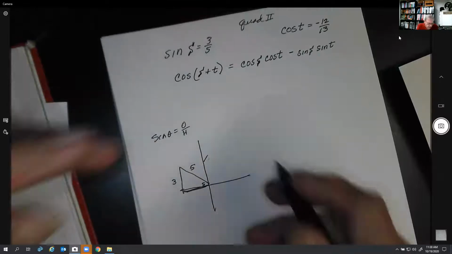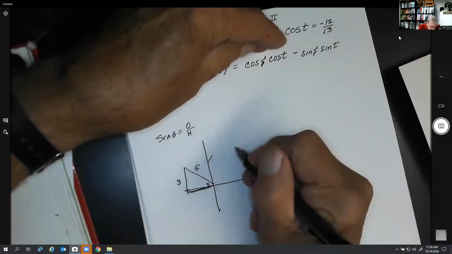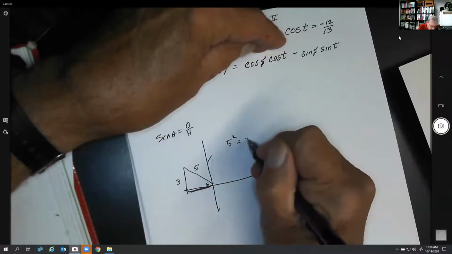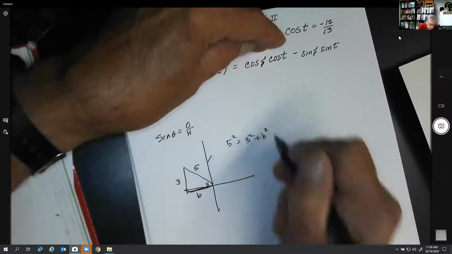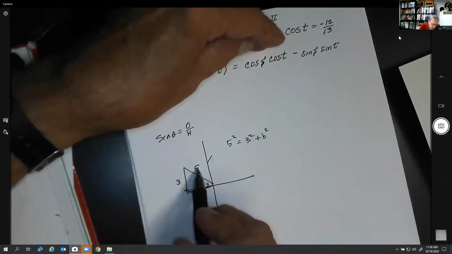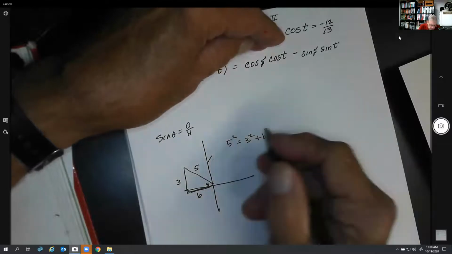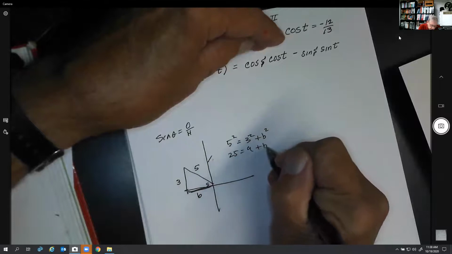Well, we do that by using the Pythagorean theorem, that 5 squared equals 3 squared plus b squared, calling this side b. Hypotenuse squared equals the sum of the squares of the other two sides. So 25 equals 9 plus b squared.